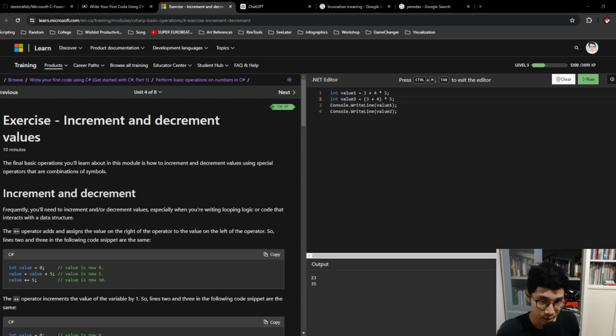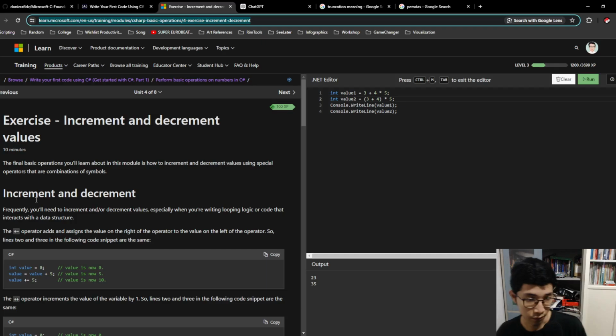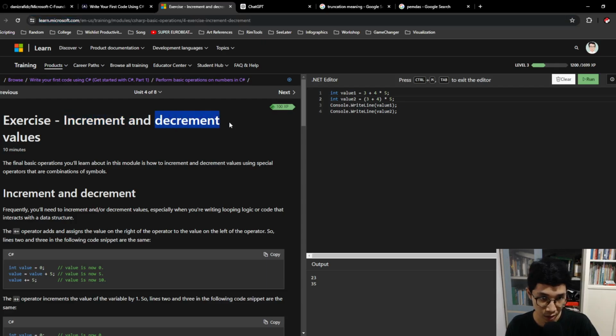The next unit, the fourth unit, is about increment and decrement values. I guess you already heard about increment and decrement. Increment is about positive and decrement is about negative.